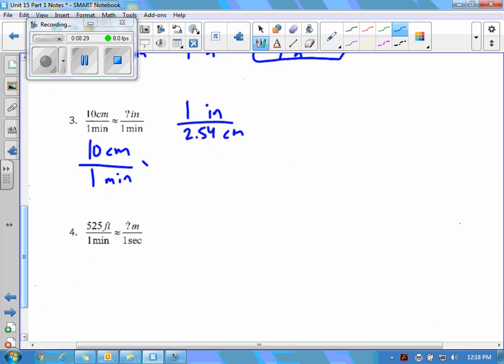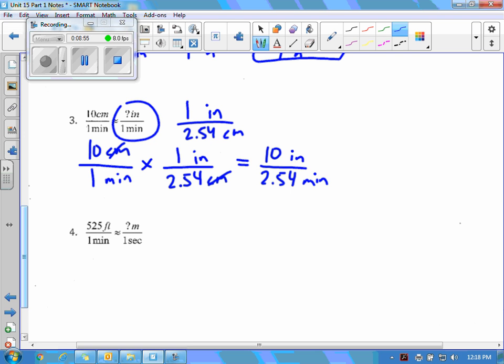So I have centimeters on the numerator of the first one. So that means centimeters need to be on the denominator of the next one. The 1 inch will go up top. So these centimeters can cancel out. So now I have inches over minutes, which is what I want. So that's 10 inches over 2.54 minutes. Okay. But if you look, it asks me for how many inches per 1 minute.